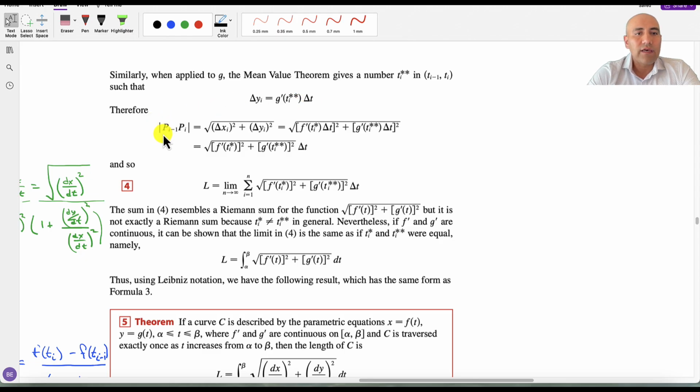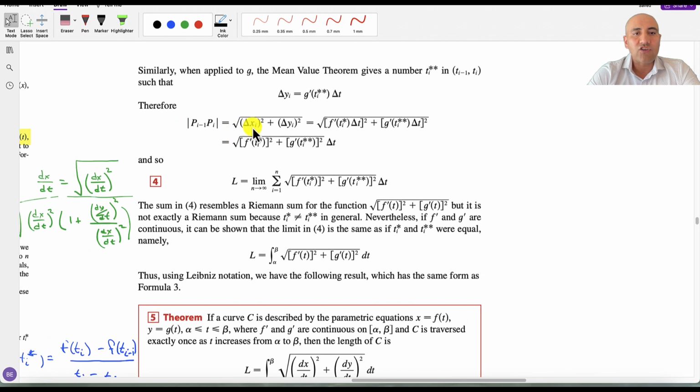And so therefore, this represents the length of the line segment that connects p sub i minus 1 and p sub i. Okay, we can use the Pythagorean theorem for this. We used this back in chapter 8. So this is equal to the square root of the change in x sub i squared plus the change in y sub i squared. But we just established a new formula for the change in x sub i and y sub i.